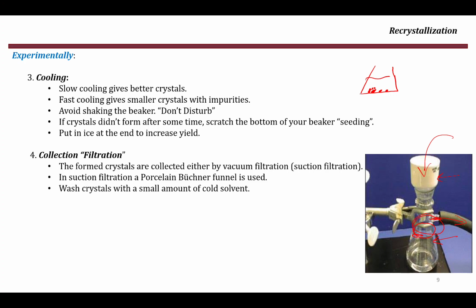And once the crystals are collected on the filter paper, usually we wash them with a small amount of cold solvent just to remove some of the impurities if they are still sticking to these crystals. Finally, once you have the dry crystals, you can weigh them to calculate the yield of your recrystallization process.